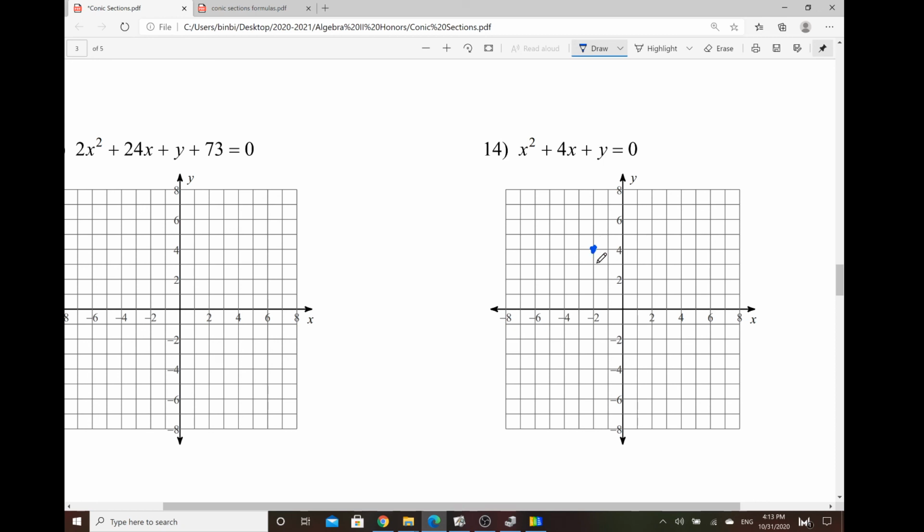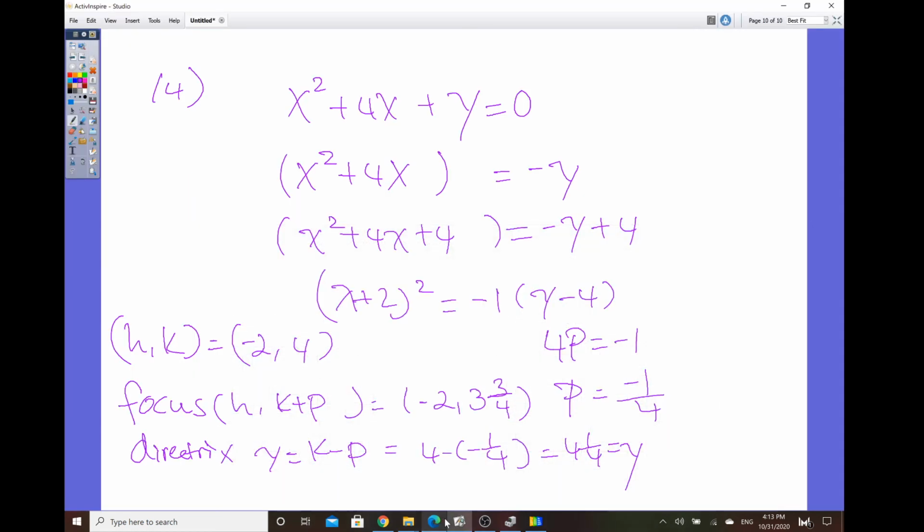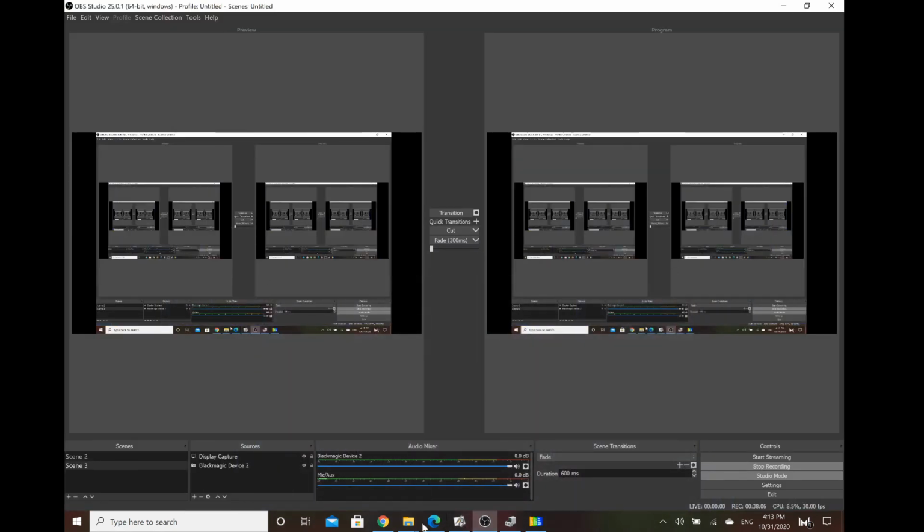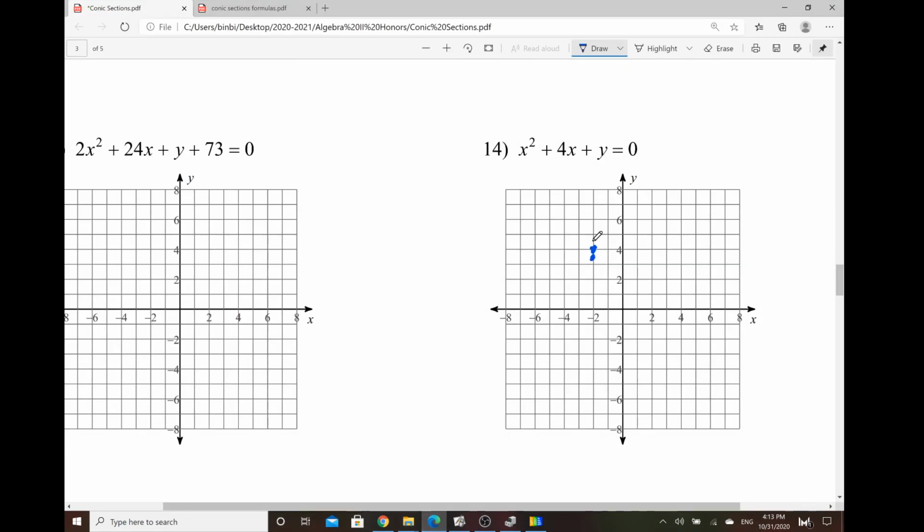Okay, because that's facing downward, so it's negative 2 and positive 3 and 3/4. And let's see what else. The directrix, y equals 4 and 1/4. Okay, so it's right here. It should be a little bit lower.